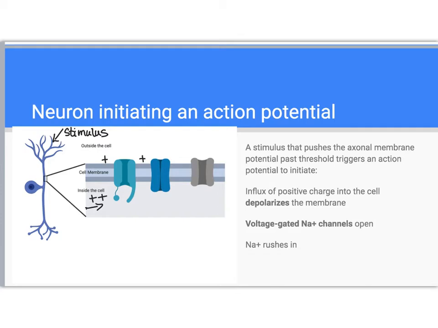If this stimulus is sufficient to activate the neuron, it will depolarize the membrane to a threshold voltage that allows the voltage-gated sodium channels to open up. Once that happens in the axon, the sodium rushes into the cell, further depolarizing the membrane. This depolarization is the initiation of an action potential.